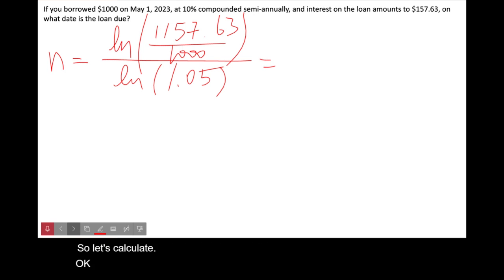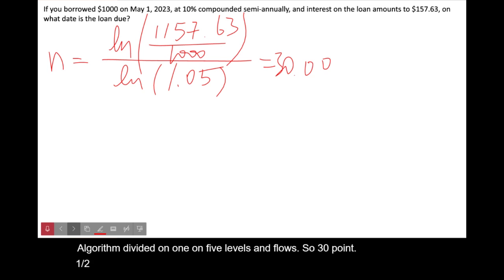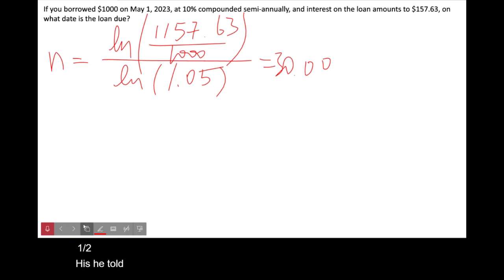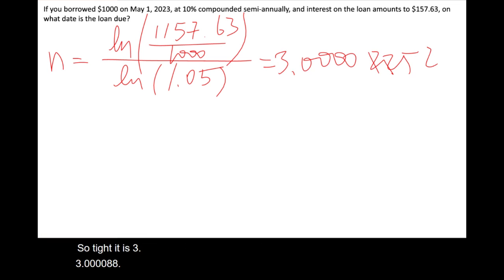Okay, so 1257.63 divided by 1,000 logarithm, divided by 1.05 logarithm. So 30.12, is it? Hold on, 3, not 30. It is 3.000088526.